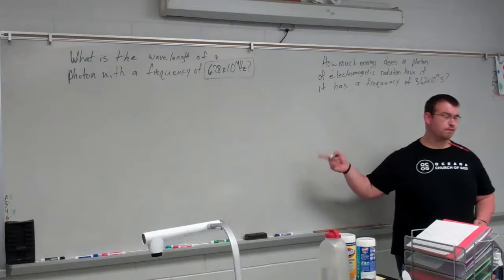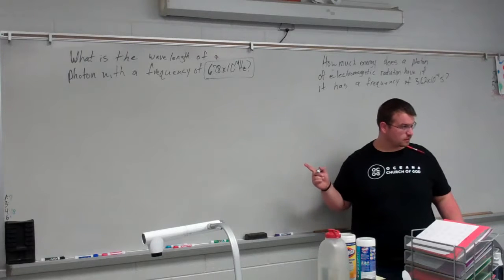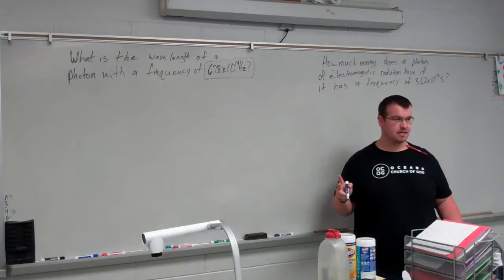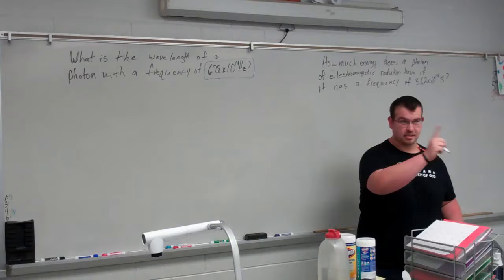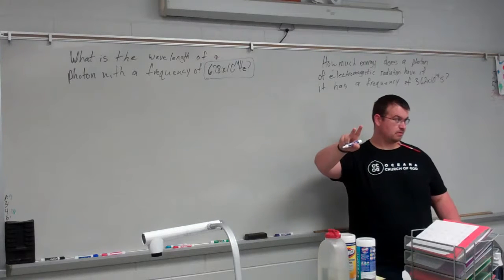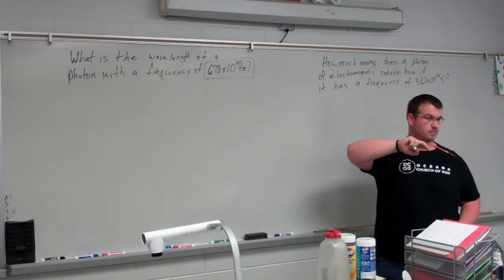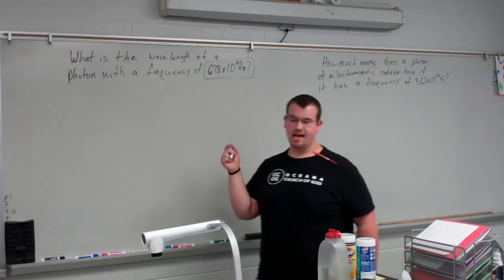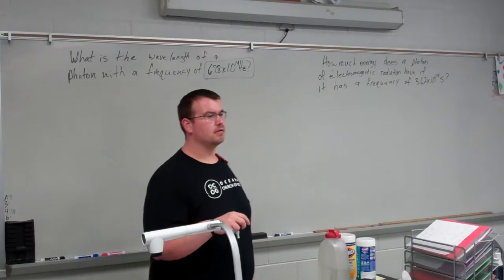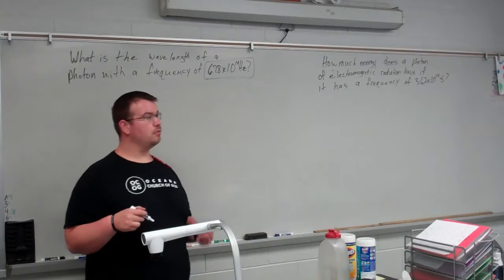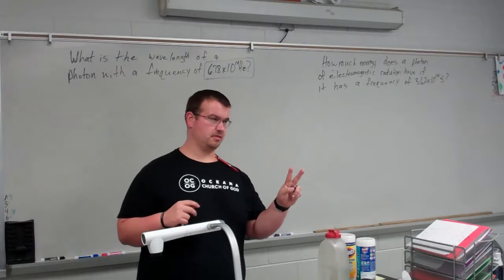If you are given frequency, or asked to find frequency, you're going to use one equation, and that's it. If you're not asked for frequency or given frequency, you will have to use both equations.